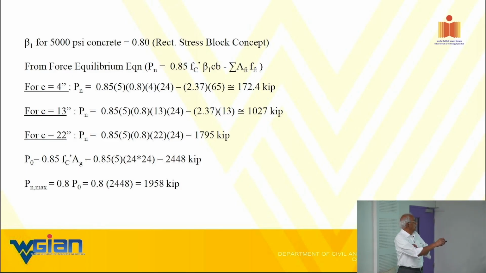So for 4-inch, that is the biggest contribution, and this is what we have already computed. Please note, in the earlier slide, where did I get this from? The earlier slide. It's 172. The PN value for 13 inches is 1027.